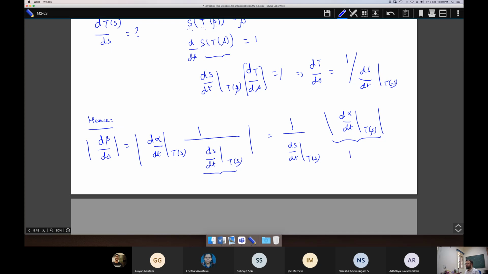Mod alpha prime of T of S. Exactly. How much is this? Exactly the same as ds by dt. These two are exactly the same. And the reason I can cancel them out is because I know neither is 0. Why?